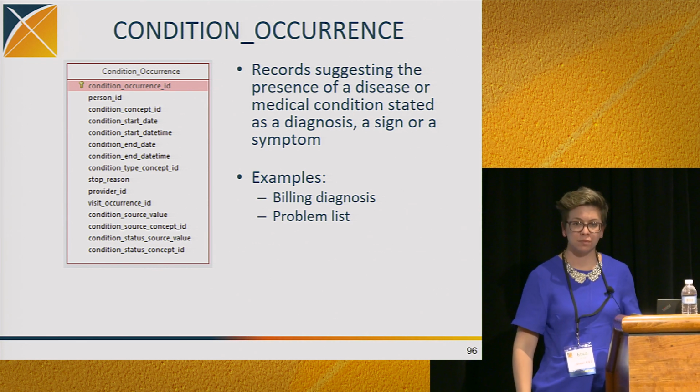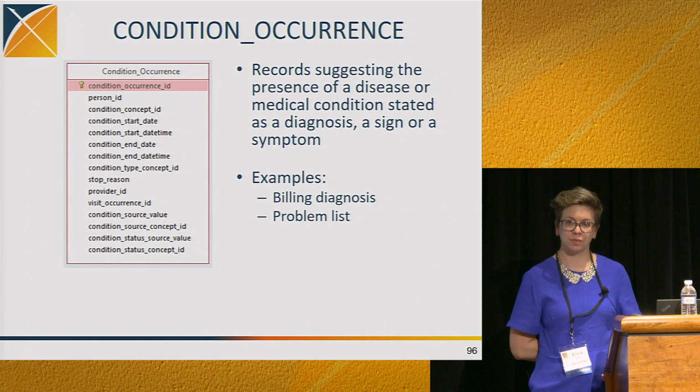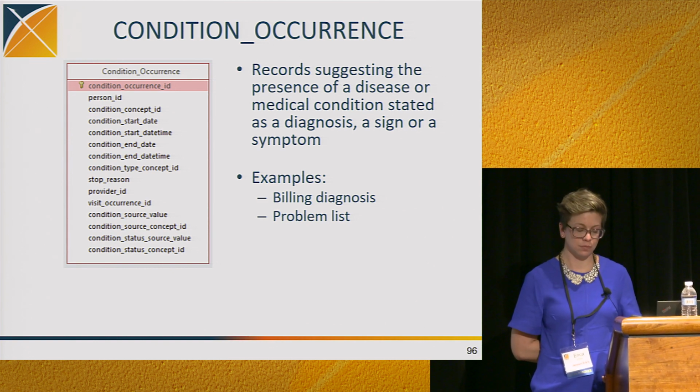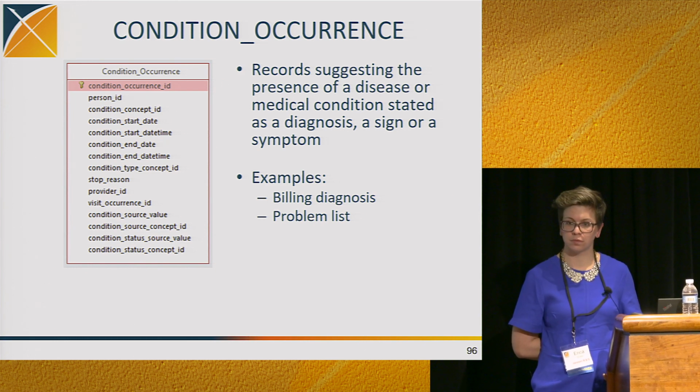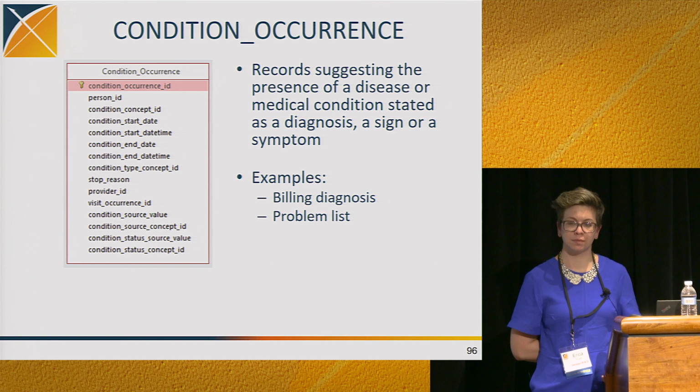So say you're in a hospital and you move between units, we now have this visit detail table where you can say, oh, at this time, this person was in the ICU, then they moved to the CCU, then they moved to the step down, and it'll all have the one visit occurrence ID, but then each one will have their own visit detail ID, all with the same visit.